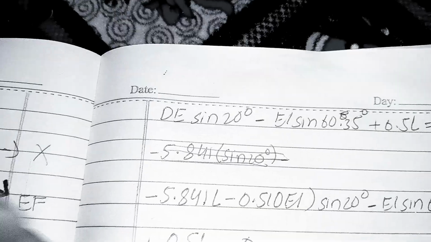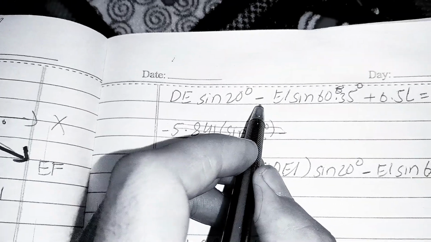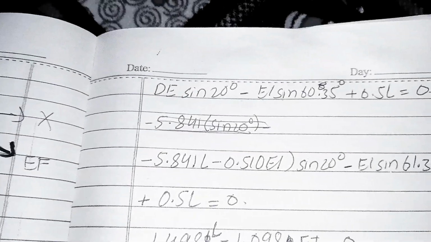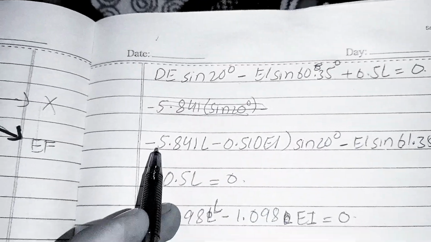So DE sine 20, negative EI sine 61.35, plus 0.5 L equal to 0.